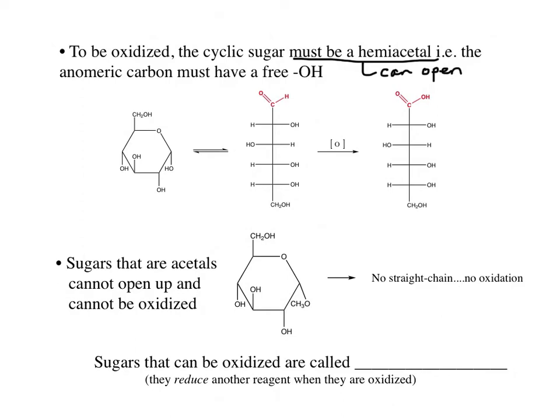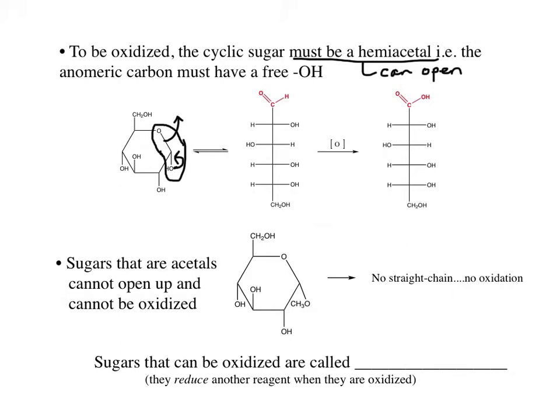So I have to have, and let's just circle the grouping that's the key grouping right here, I have to have that grouping right there. If I have that, then I can reform the carbonyl, and this guy can pop open, and I'm back to my straight chain form.